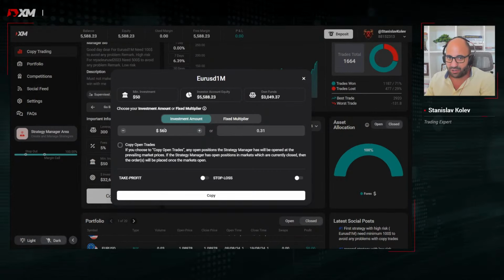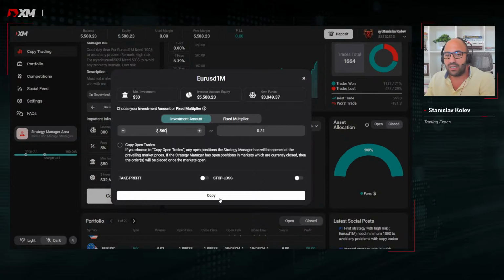Now, the other option that you can see below is if you choose to copy open trades, any open positions will be opened. There are no open positions, but I don't want to replicate any old trades. I want to execute only new positions.